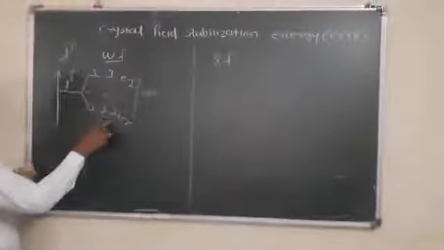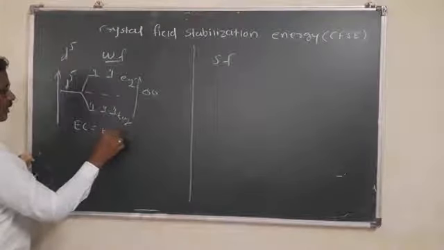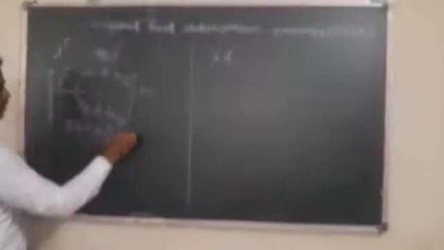These 5 electrons are occupied in the t2g as well as eg orbitals. The electronic configuration is t2g 3 and eg 2.